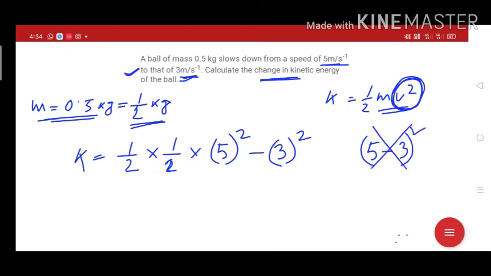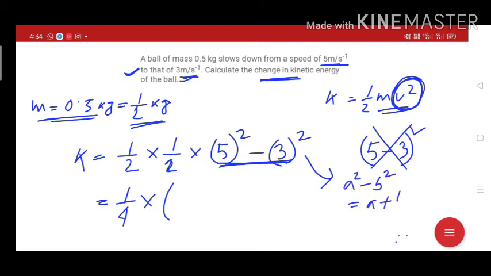We should write 5 square minus 3 square. So it is 1 by 4 into this one. As you can see, we can apply one thing, a square minus b square is a plus b into a minus b. Just apply these things.